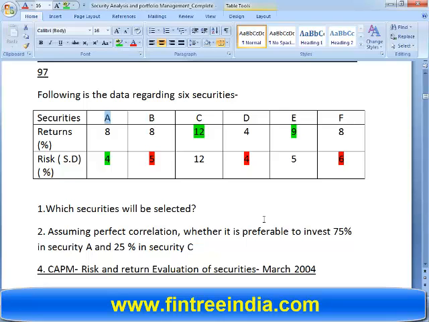Risk of security A and security D is 4%. Did I say B? Security A and D, yes.